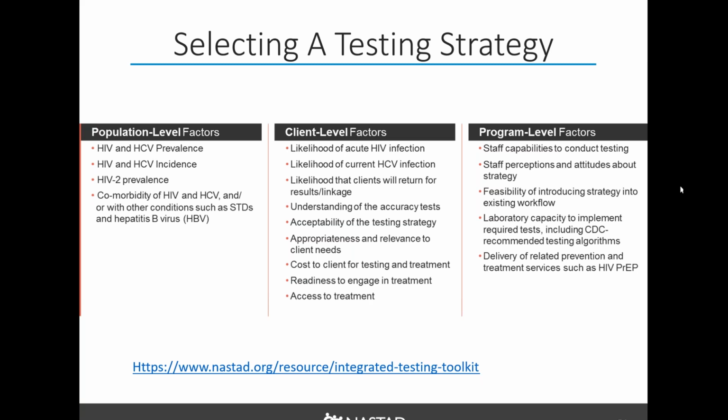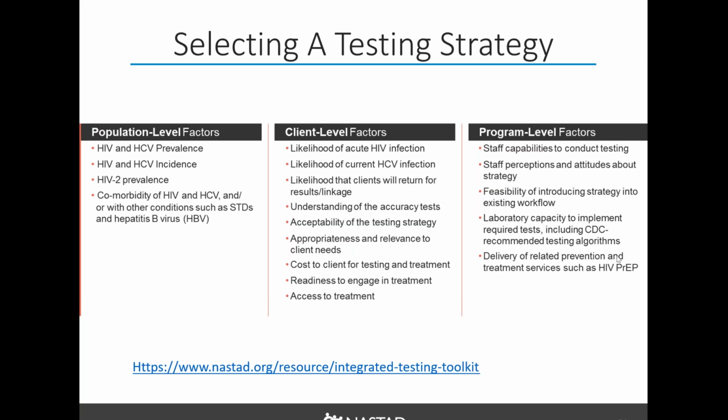And so what you see here are 3 buckets or domains of the factors that we encourage you to consider as you are thinking about how to use different testing strategies, technologies, and how those technologies are deployed for your programs.